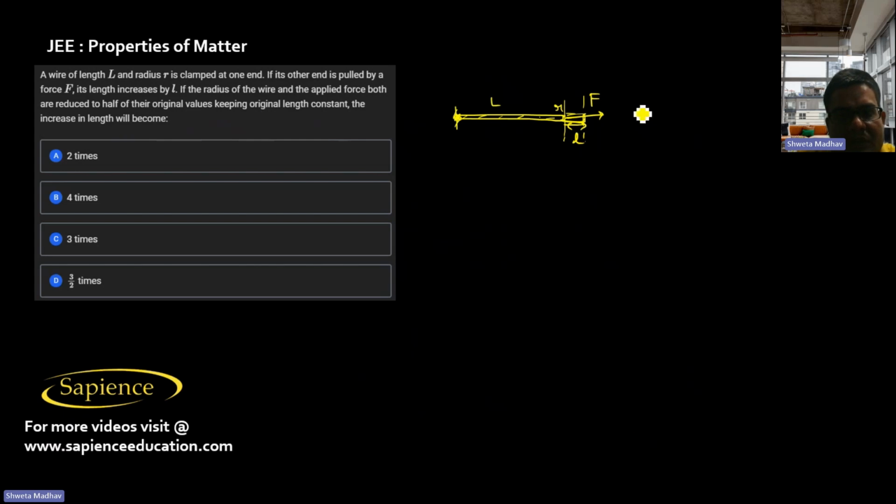So here it is told that the new force F dash is F by 2, and the radius R dash is R by 2, then the increase in the length, that is l dash, will be how much, that is being asked. So here we can say that the Young's modulus will remain constant. Why?